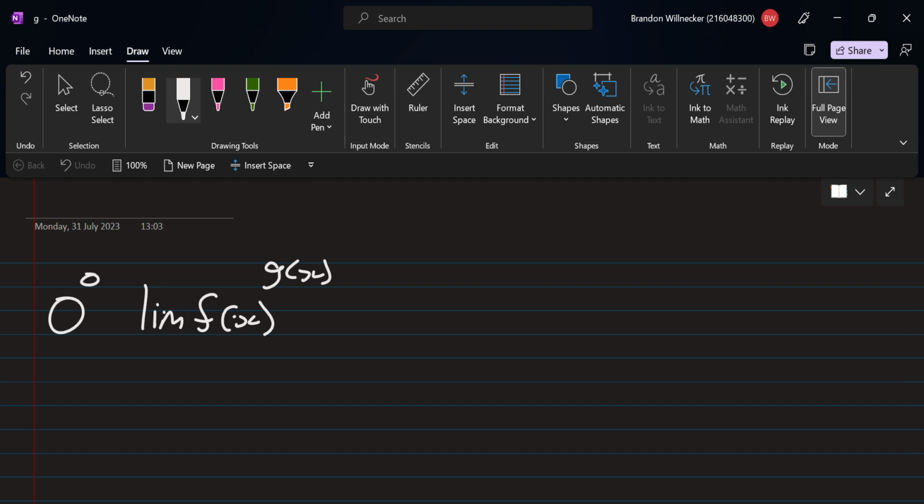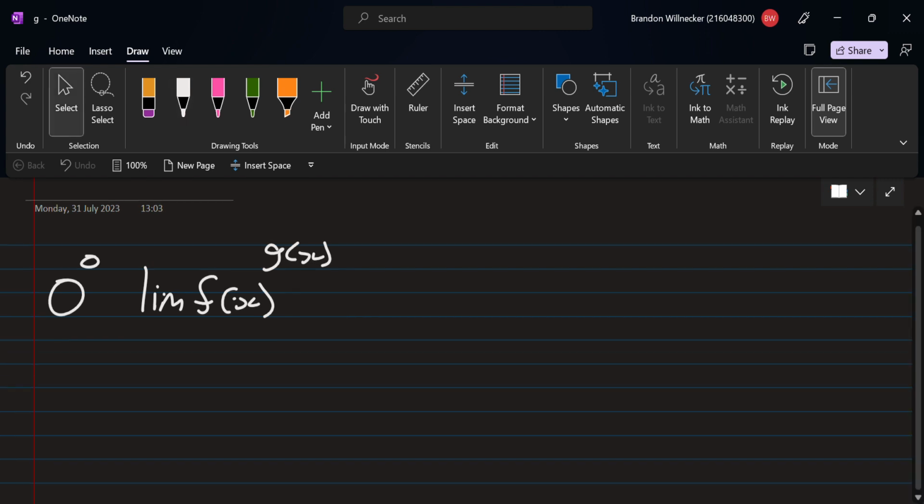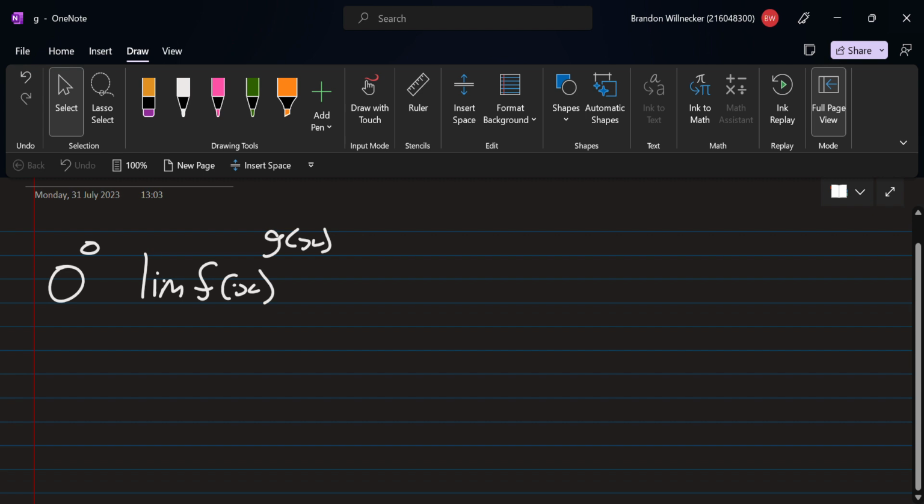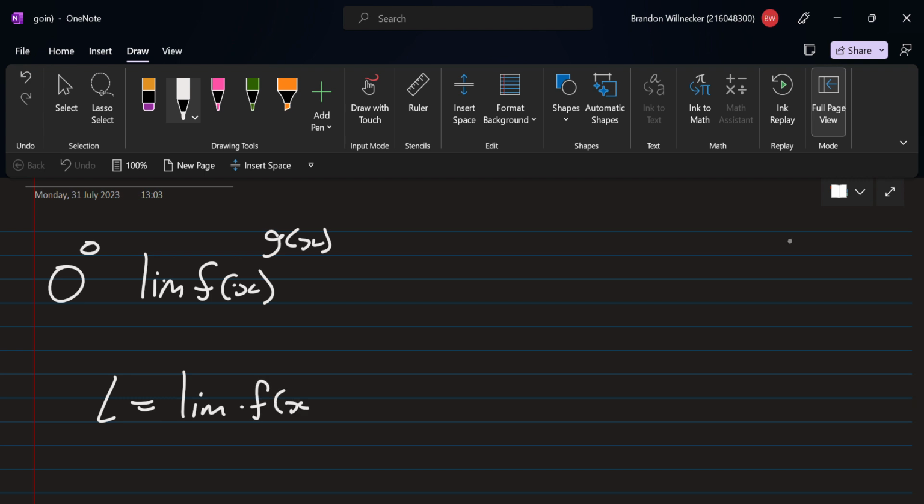We want something 0 over 0 or infinity over infinity. So what can we do? Now, since we've got that exponent there, we can use logarithms and exponentials again. So let's call this limit L, and then we do a bit of manipulation. So L is the limit of f of x to the g of x.